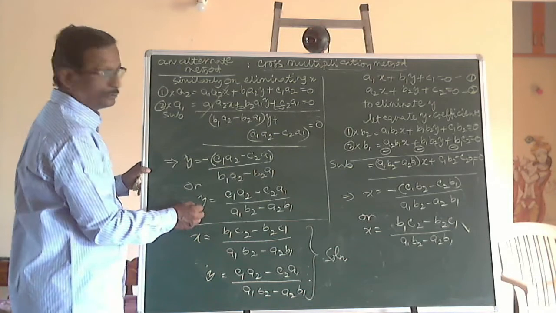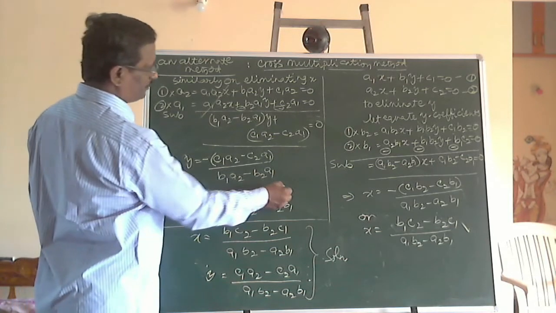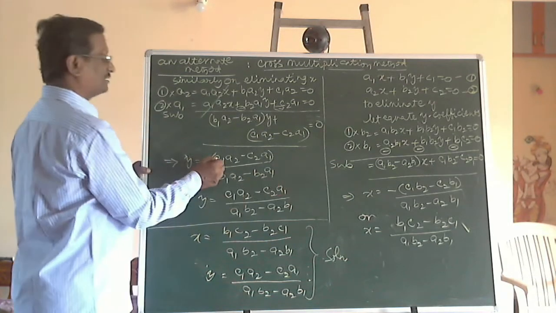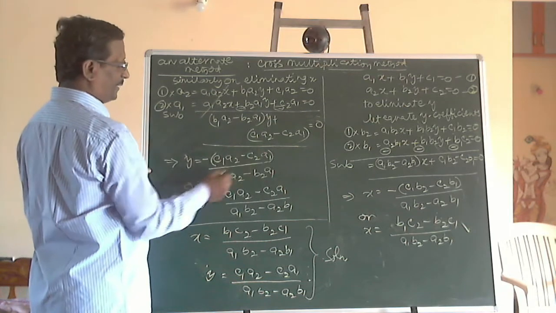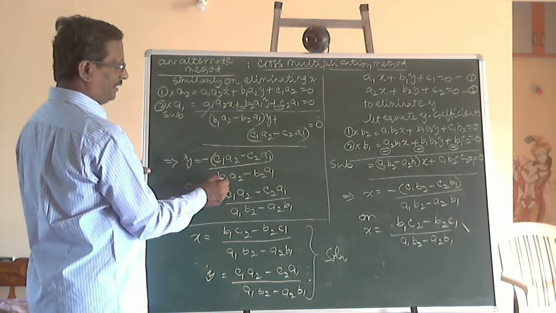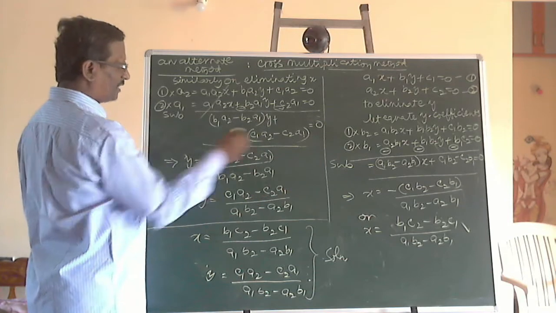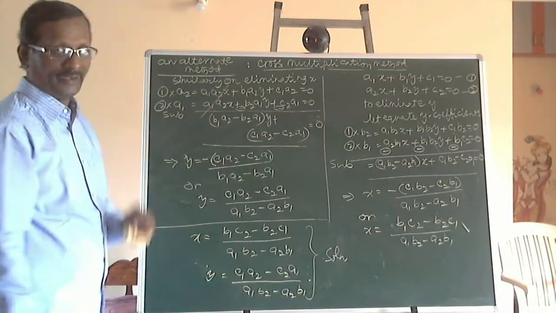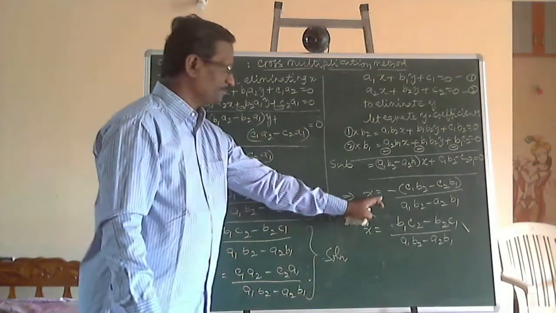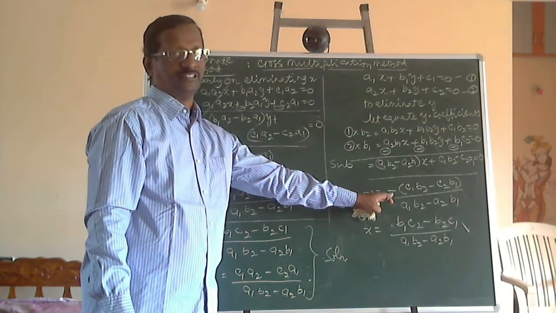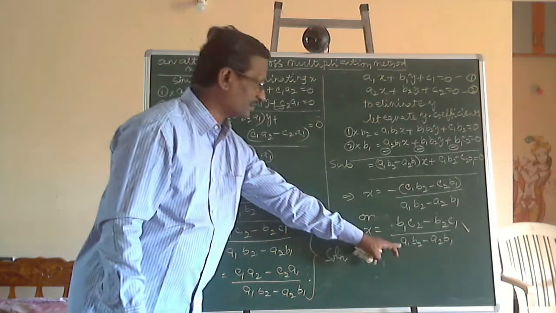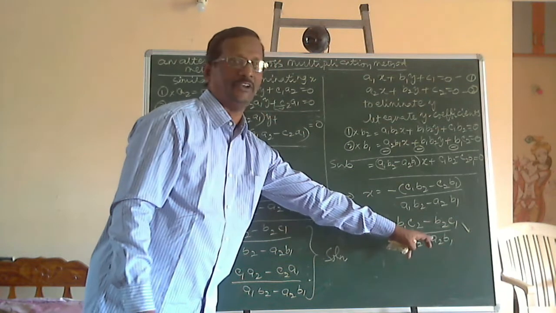Now, y is equal to c1 a2 minus c2 a1 divided by, with the minus sign, b1 a2 minus b2 a1. Here I have made a small change. Here the denominator is a1 b2 minus a2 b1.